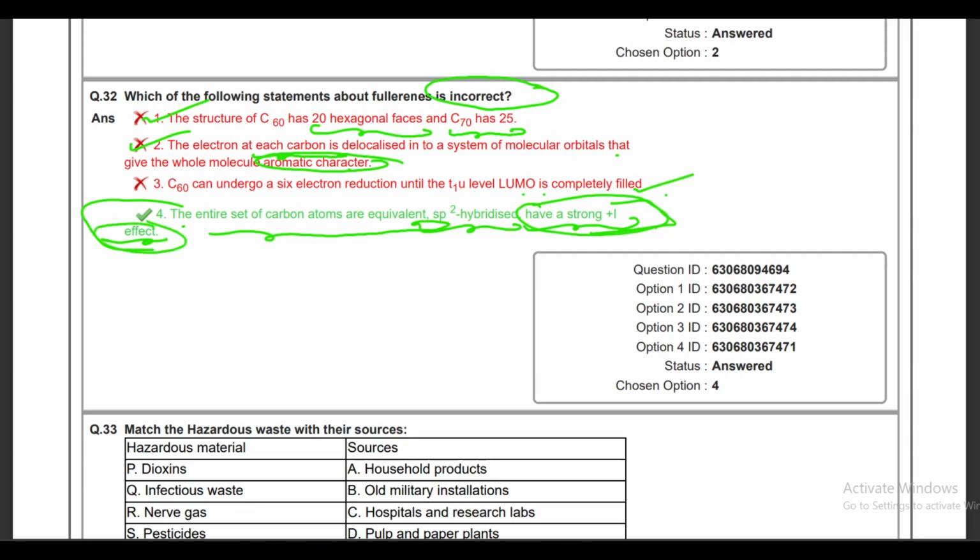However, all carbon atoms being equivalent and sp2 hybridized is correct, but all have no plus I effect actually. The electronic environment varies slightly depending on the position of each carbon atom within the fullerene structure. So all carbons have no plus I effect; it depends on their position, where they are lying in the fullerene structure. That's why the fourth statement is incorrect and is your correct answer.